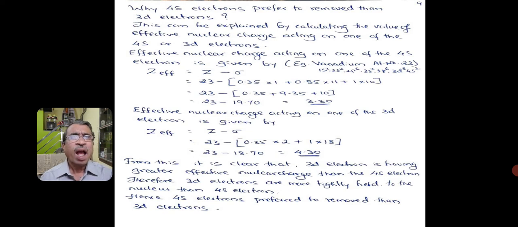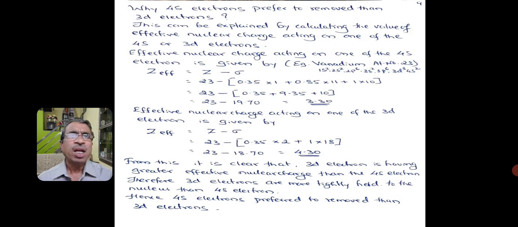Based on this, we have some questions, and here is how questions can be framed using the Slater rule. The question is, why do 4s electrons prefer to be removed rather than 3d electrons? This can be explained by calculating the effective nuclear charge acting on one of the 4s or 3d electrons.